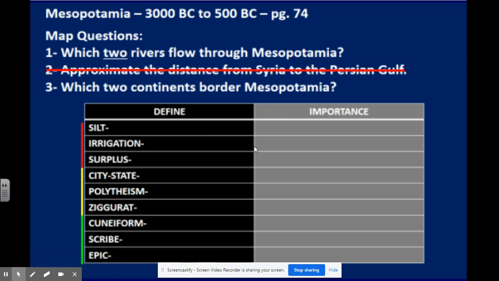So you can just put a line right down the middle once you do this. Okay, and to just go through what they are, obviously you can tell there's silt, irrigation, surplus. This is city state. It's a hyphenated term. Polytheism, ziggurat, cuneiform, scribe, and down here is epic.